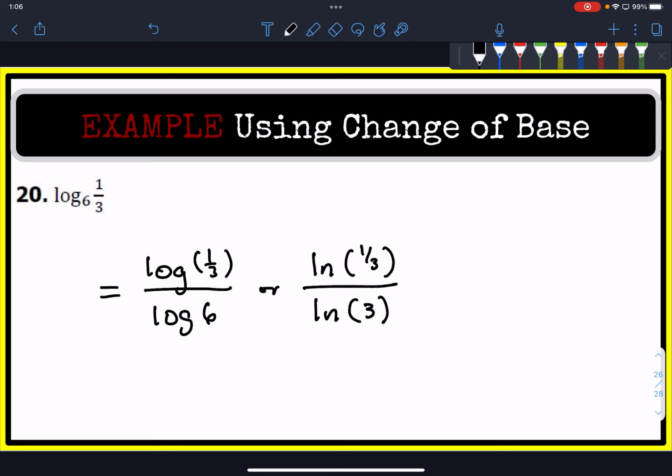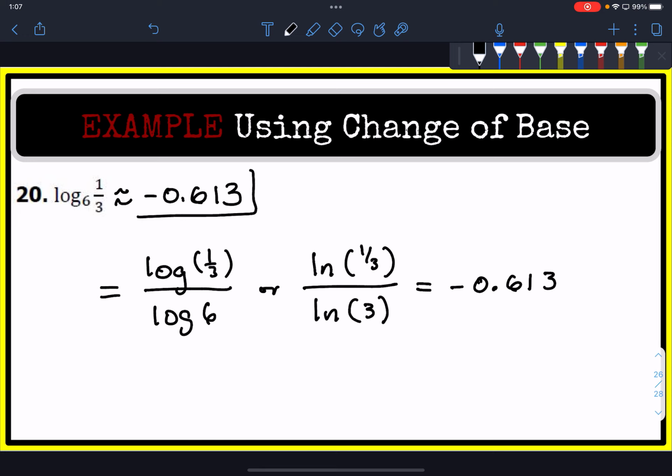So plug in either of those into your calculator, and that's how you evaluate this. Which in this one would equal negative 0.613. So this would be your value.